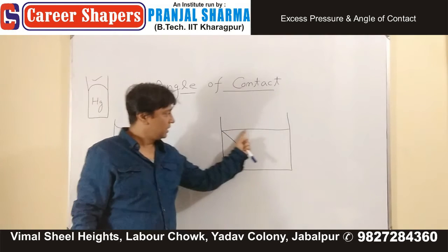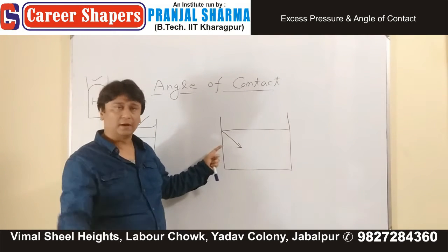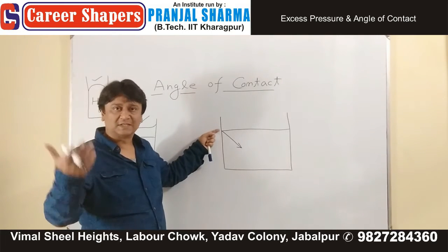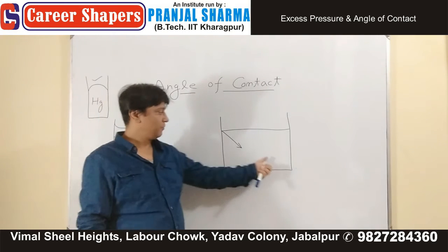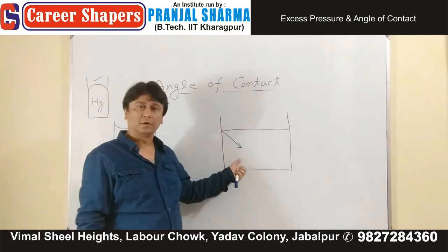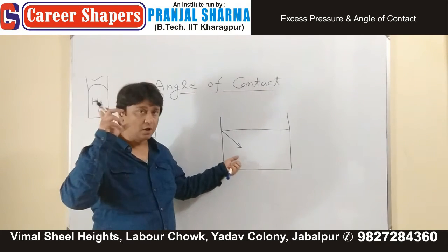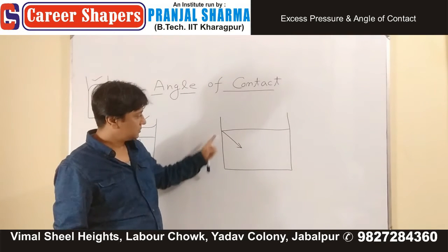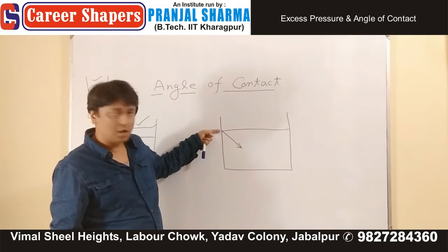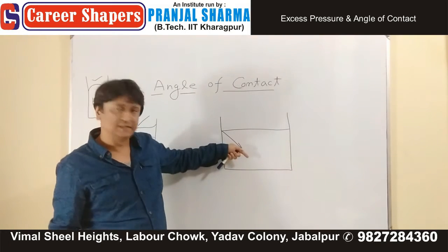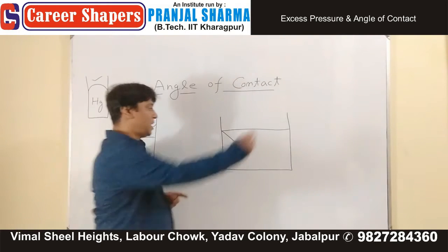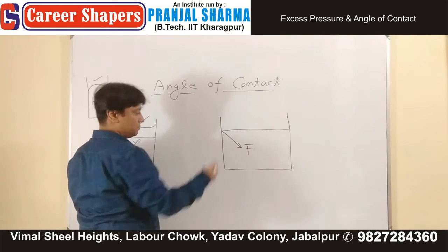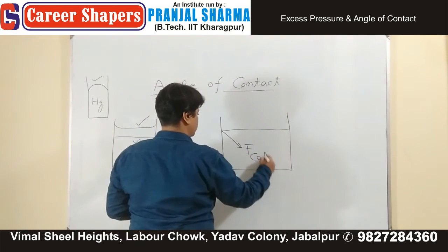All the liquid, although a molecule at this place doesn't get any force from a molecule in this region. The force is coming from a very small area. So, any molecule at the corner is being pulled inside by a force, and this force is nothing but cohesive force.